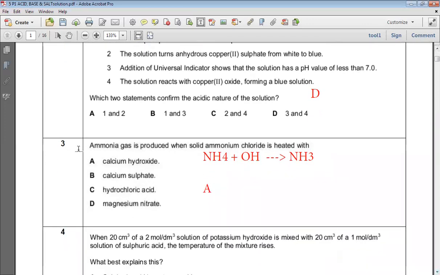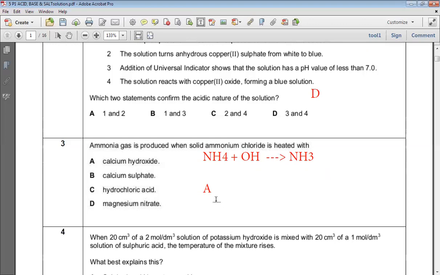This is the chemical property of all kinds of bases. When an ammonium salt, NH4 containing Cl, Br, NO3, any kind of ammonium salt, reacts with OH, sodium, potassium, calcium, even metal oxides which are basic in nature, when they react with an ammonium-containing salt, they must produce ammonia gas.